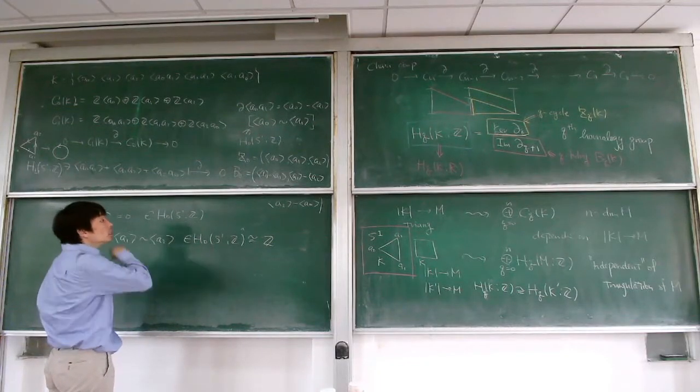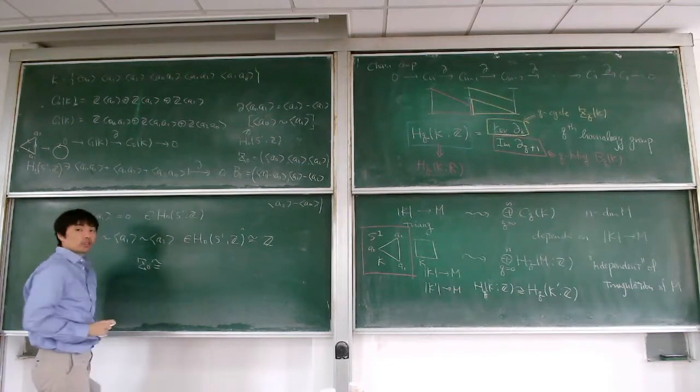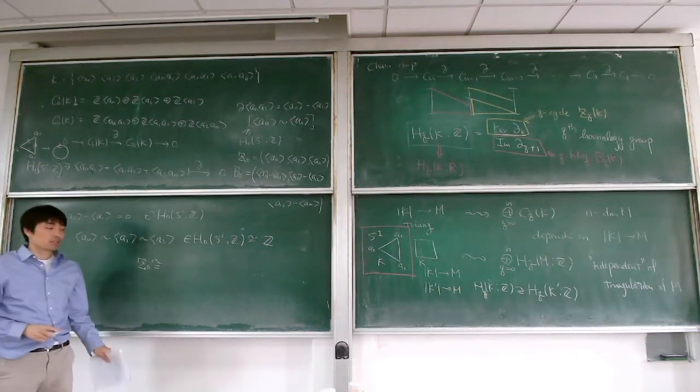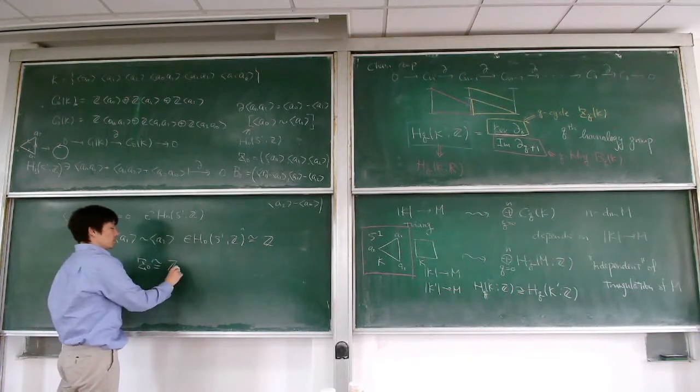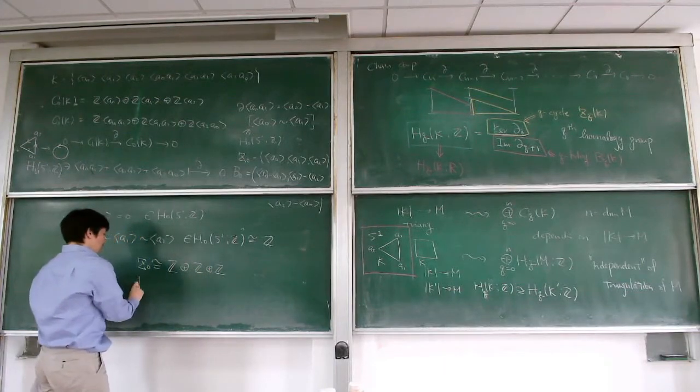So Z0 is isomorphic to, as a group, what? Z0 is isomorphic to what? How about B0?